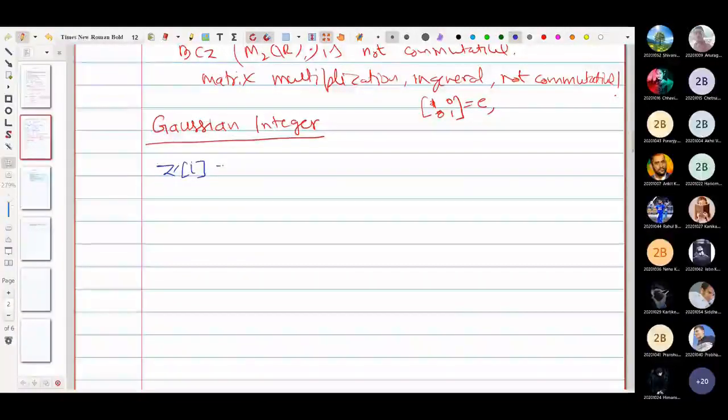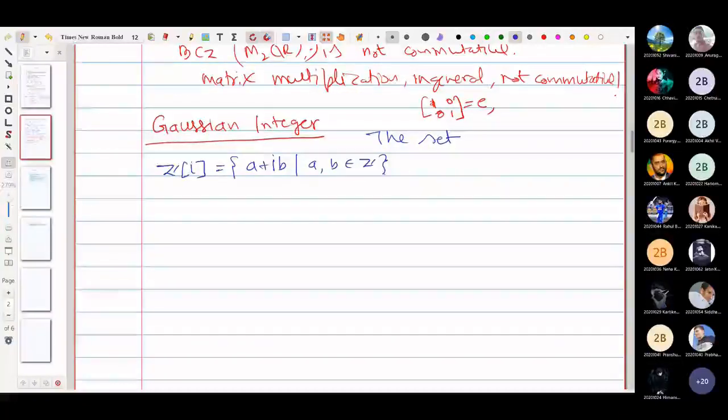So Z[i] is a collection of all those elements of the form a plus ib such that a and b belong to the set of integers.